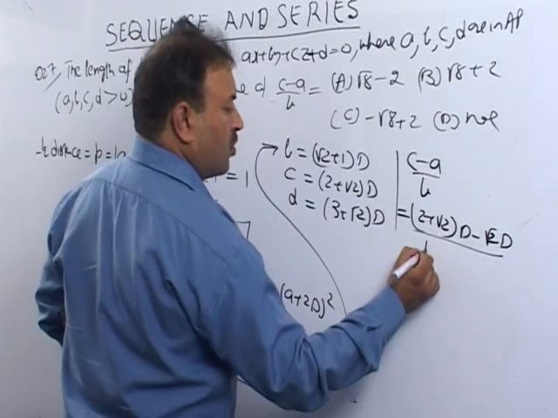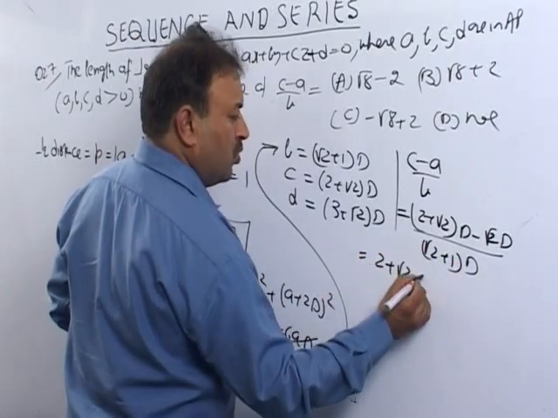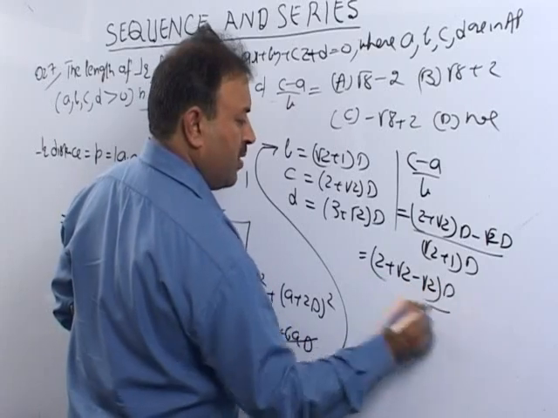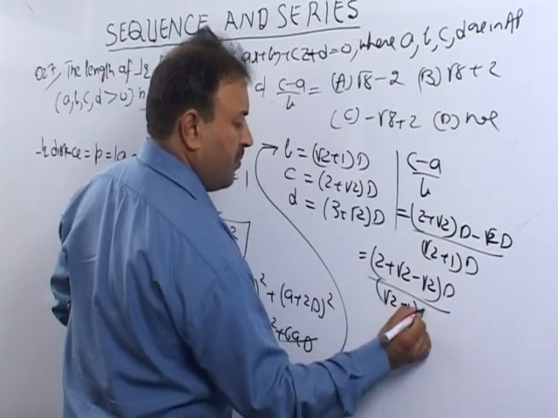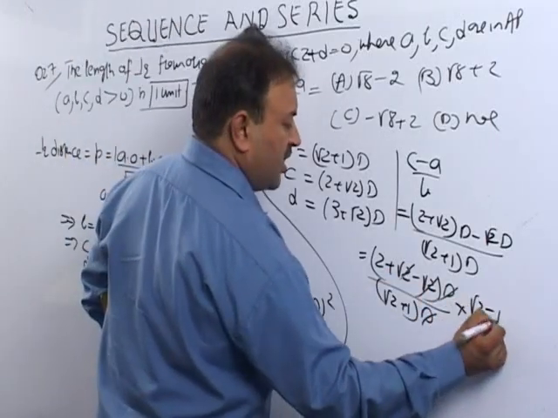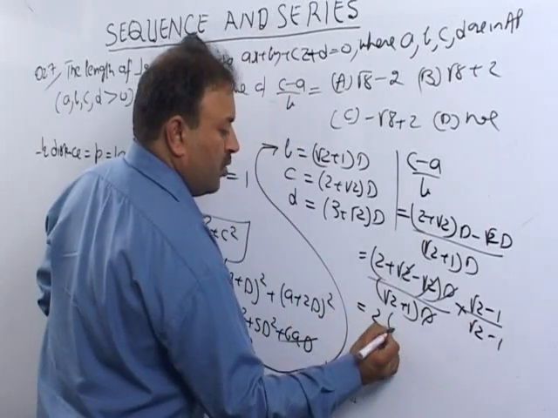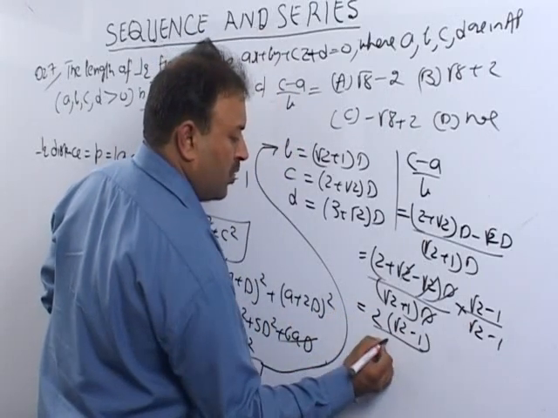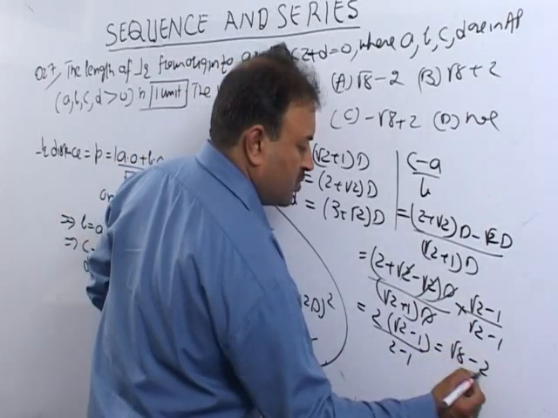Upon B, it comes out to be root 2 plus 1 into d. 2 plus root 2 minus root 2 into d upon root 2 plus 1 into d. d, d cancel out, root 2 cancels out, rationalizing: root 2 minus 1 upon 1. 2 into root 2 minus 1 upon 2 minus 1, or I can say it is root 8 minus 2.